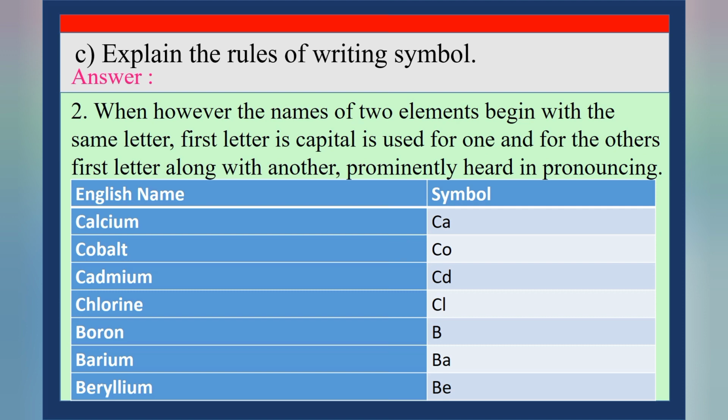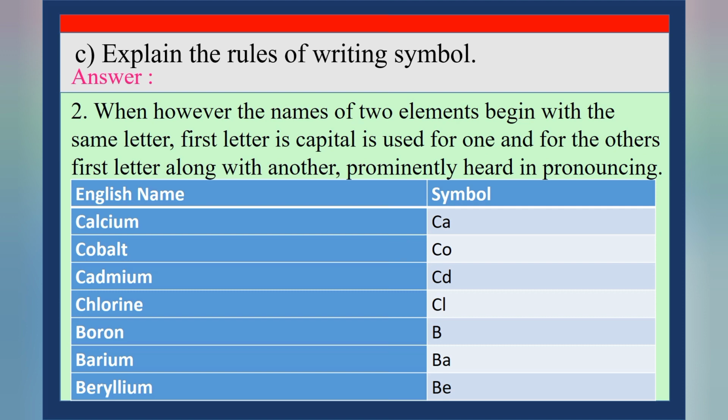That means when there are more than two elements starting with the same letter, then for the first element we will take only the first letter, but for the second element we will take the first and the immediate second letter or the prominent letter.